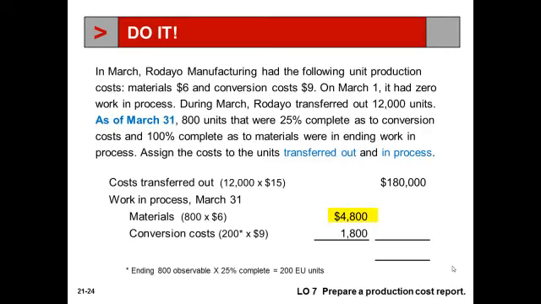Conversion costs, 200 units times $9. Again, we have 800 observable units in ending work in process, but they're only 25% complete with respect to conversion. That calculates to 200 EU units times $9 for conversion cost, $1,800. Total cost assigned to transferred out units and the in-process, ending work in process, $186,600.